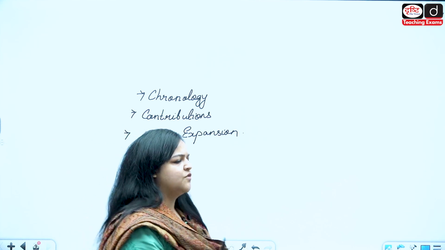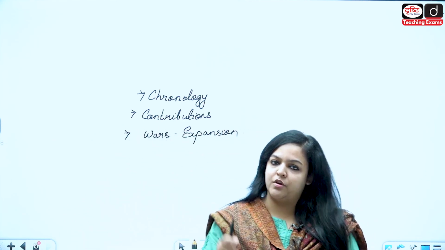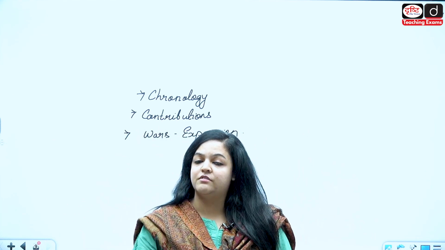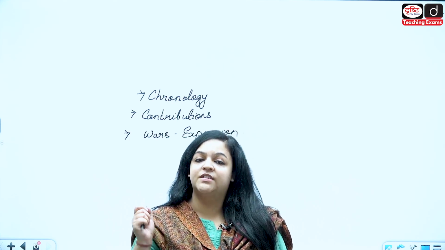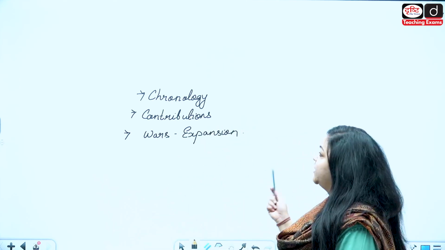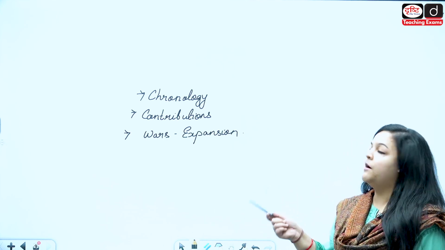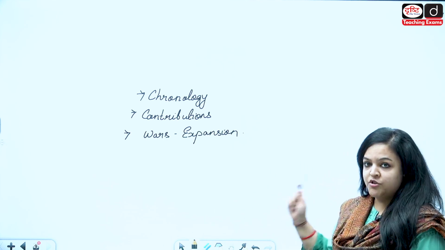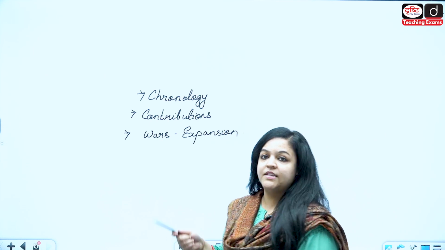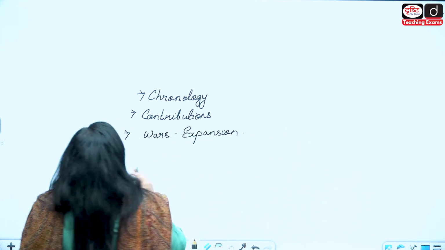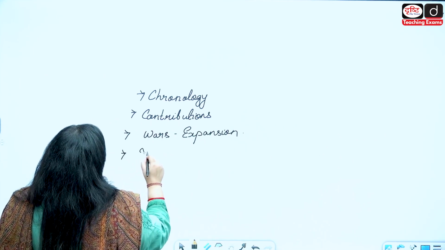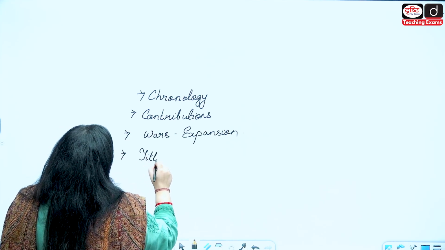Now, I know you would think, why are we discussing this? Is this even important? Yes, it is a very important part of your question paper. If you see the question paper, this is the kind of question you get. You get questions about the chronology, the contributions that they have made, the wars, the expansion, and yes, you can also get questions regarding the titles which they have used.